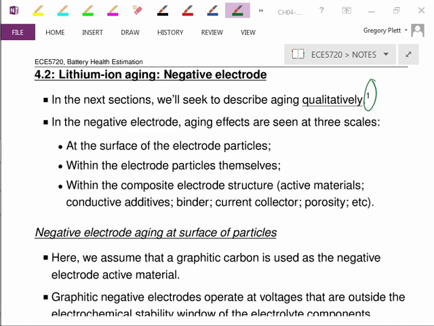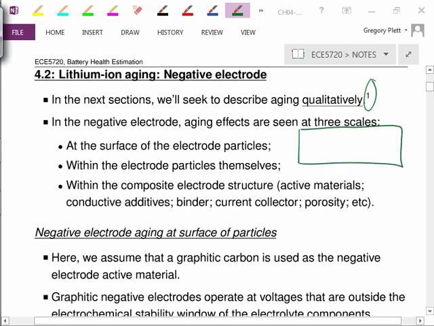We're going to look in this section at degradation that occurs within the negative electrode, and in the next section we'll look at the positive electrode. There are similarities and there are differences. In the negative electrode, we have aging at three different scales. If we look at the electrode itself, we know there's a bunch of particles in the electrode.